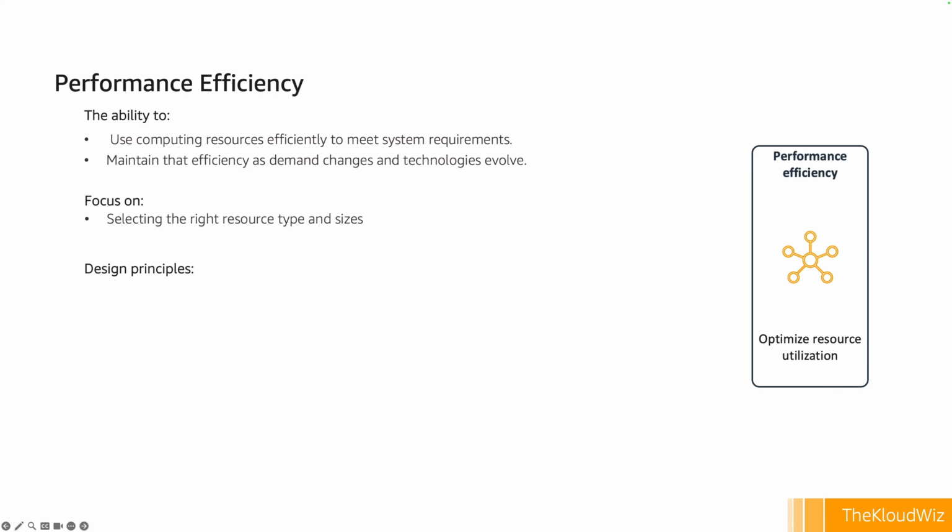The design principles you are going to consider is democratizing advanced technologies. What this means is that instead of, say, building your own machine learning infrastructure, you can use managed services that AWS offers to build, train, and deploy your machine learning models easily. Another example you can think of is that, let's say you want to build an analytics infrastructure.